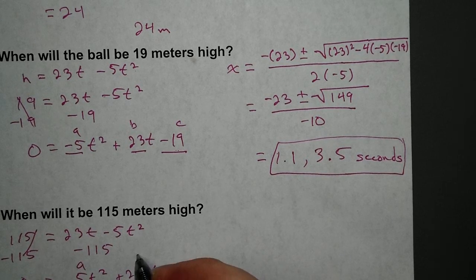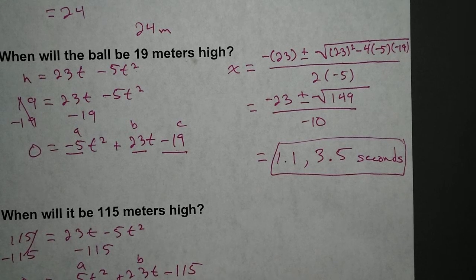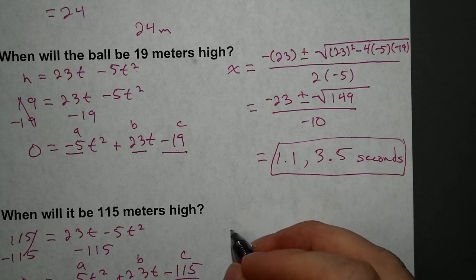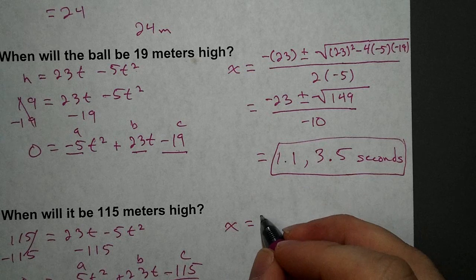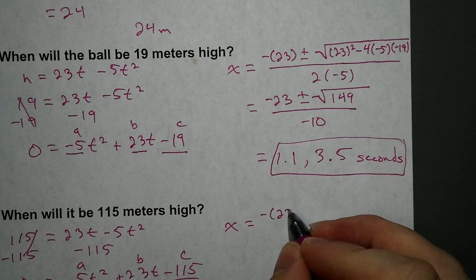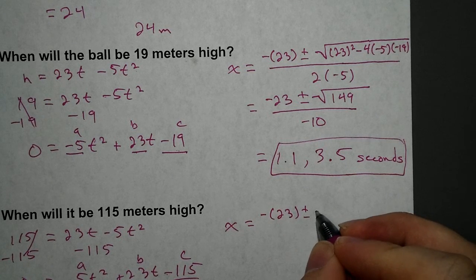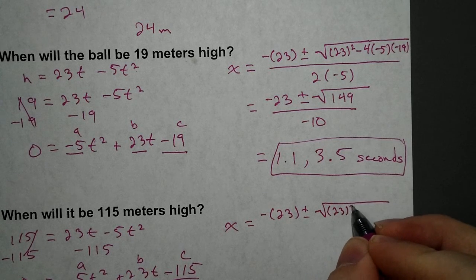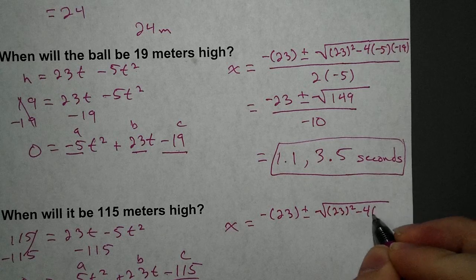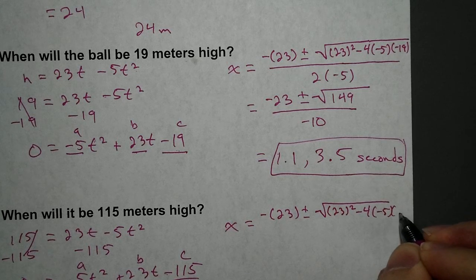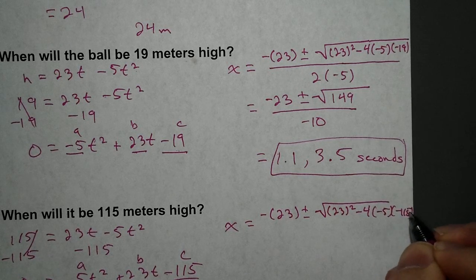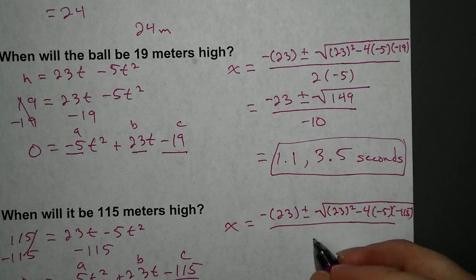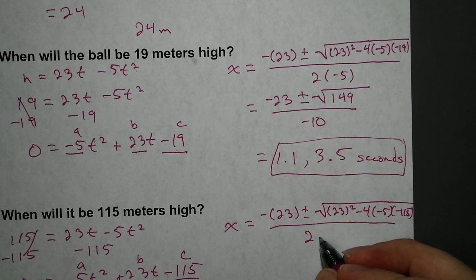There's our a, b, and c. So x is equal to negative b plus or minus the square root of b squared minus 4 times a times c, all over 2 times a.